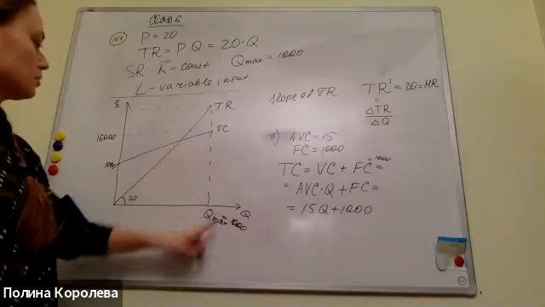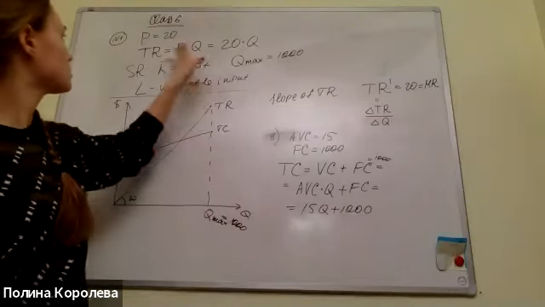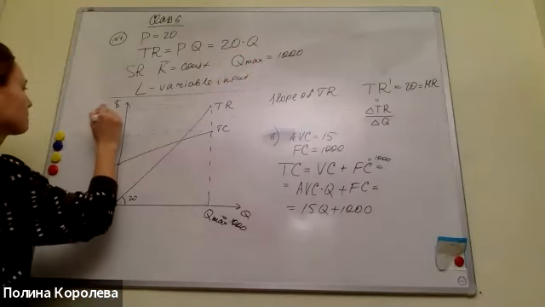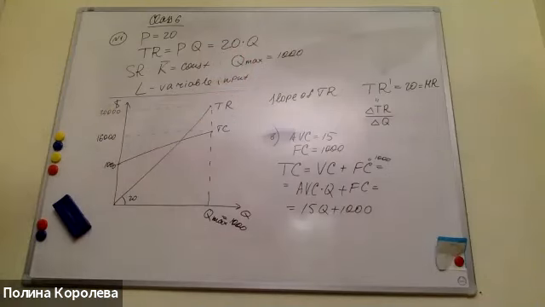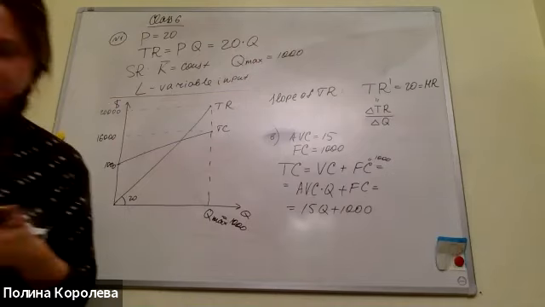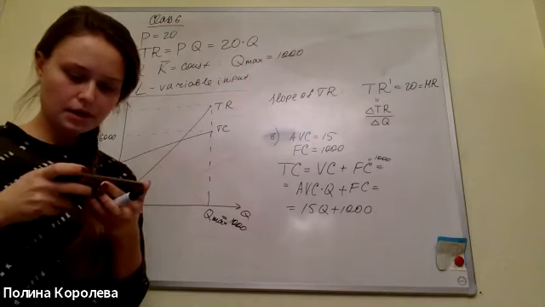And about revenue, if quantity is equal to 1,000, total revenue equals 20,000. On the graph. So, okay, then what else?